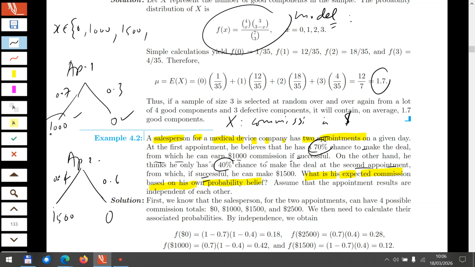And if he wins both the deals, then he gets both these amounts and this will be 2500, right?